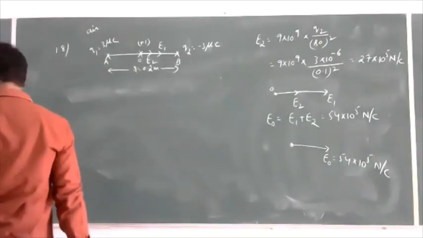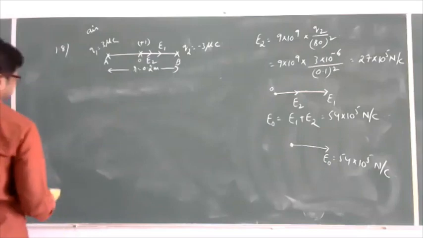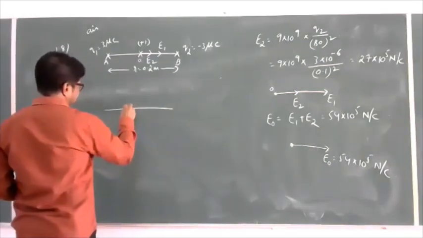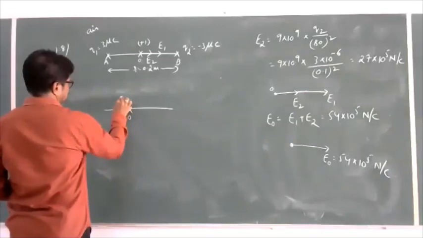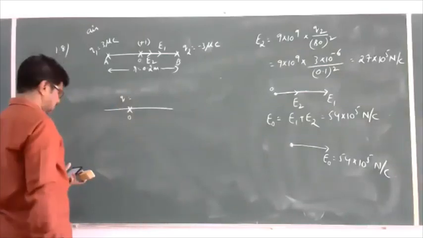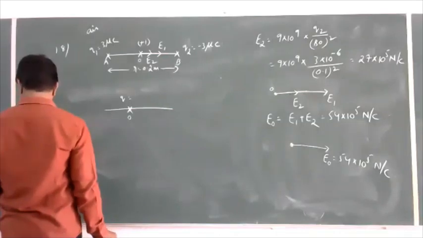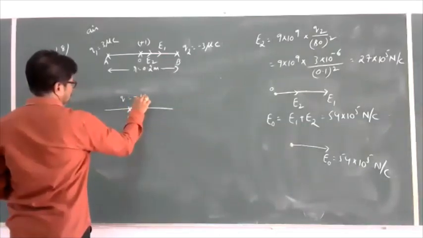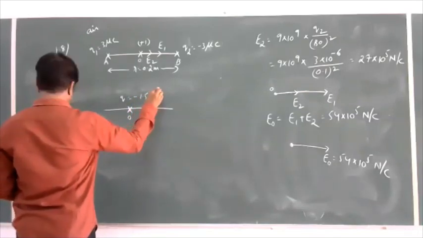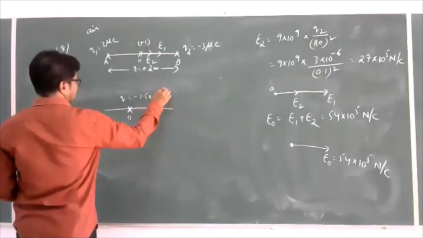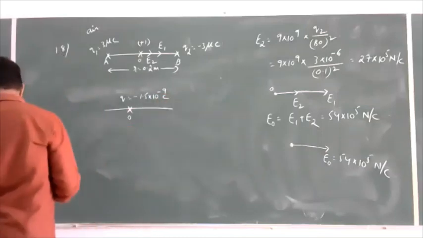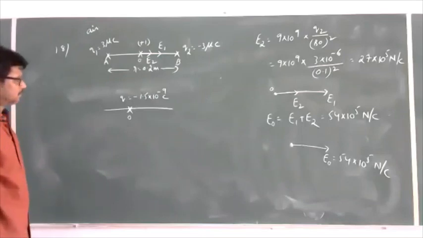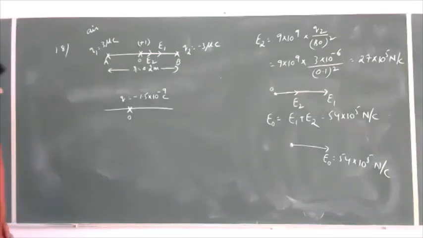What it is telling is, at the point O a negative test charge of 1.5 into 10 to the power of minus 9 coulomb is placed. What is the force experienced?